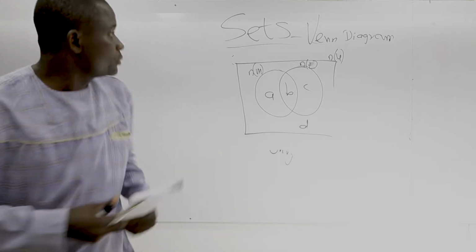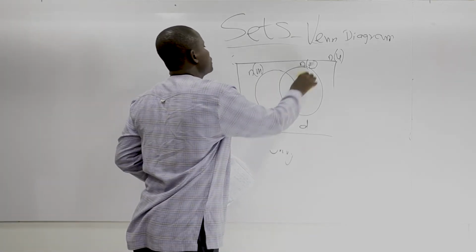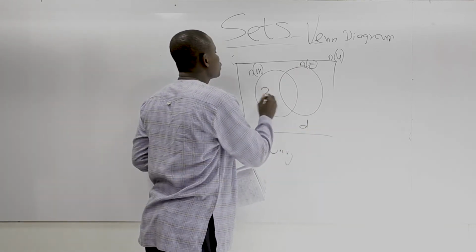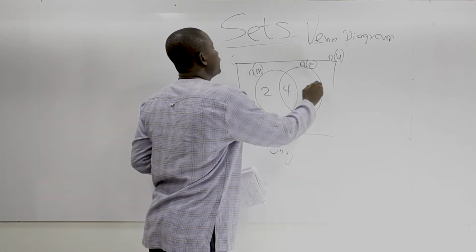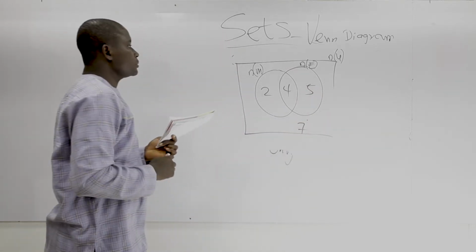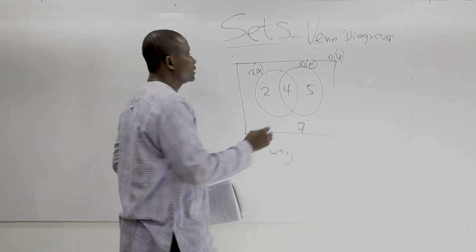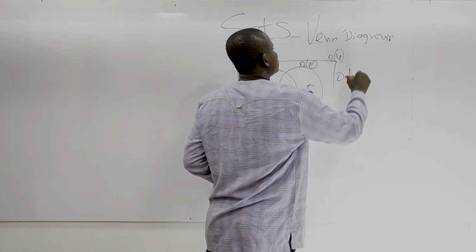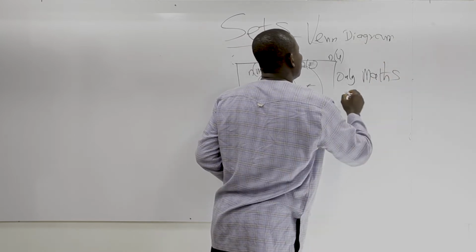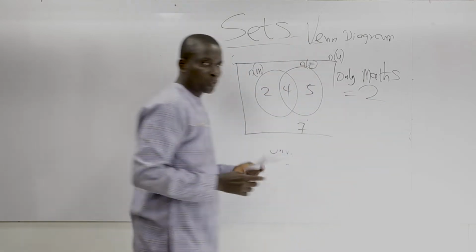Now, if this side here, let me change it. Let's now use numbers, okay? Let's say here is 2, here is 4, here is 5, here is, let's say, 7. Good. Now, in this case, only mathematics is what? Only maths is going to be 2, right?